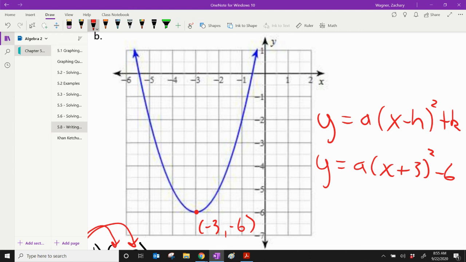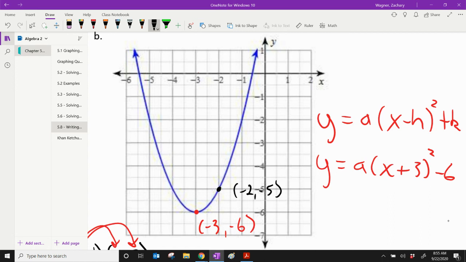At this point, we choose a point, any point, to solve for x and y. I'm going to use this one right here, just because it's looking like a really good point. What that value is, (-2, -5).